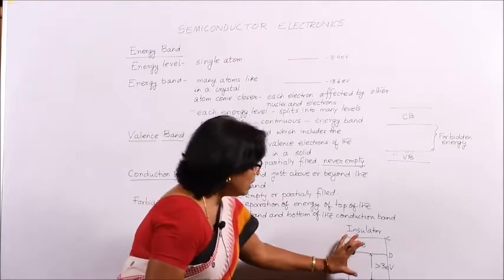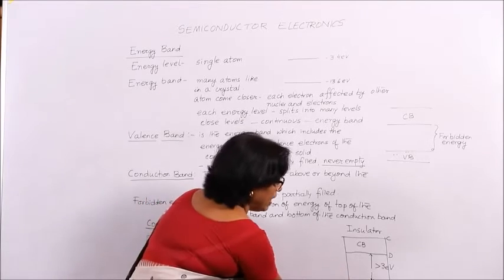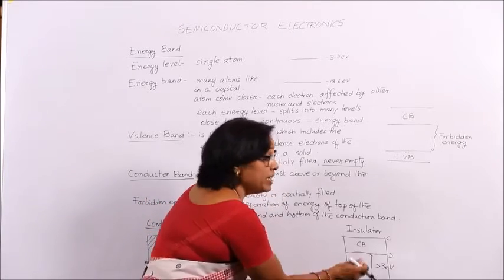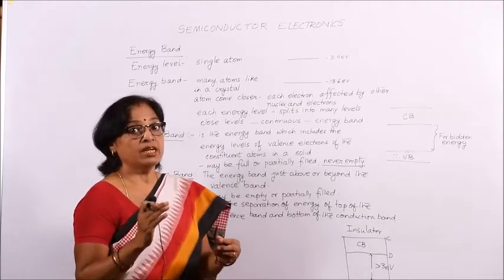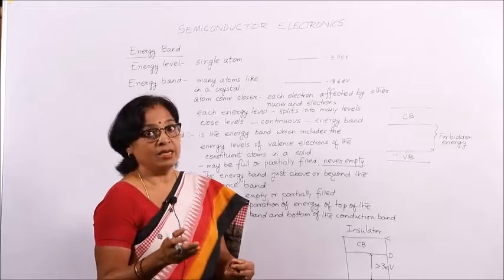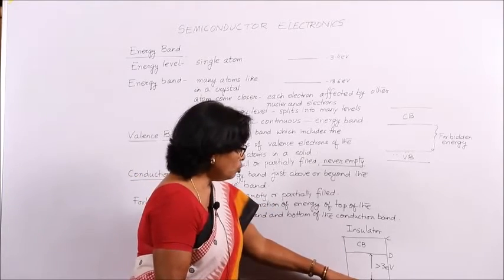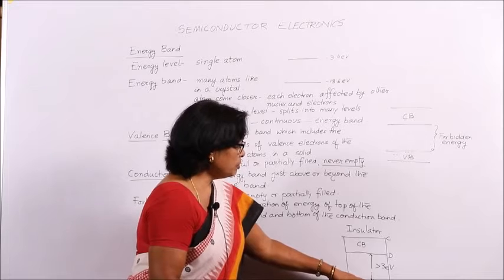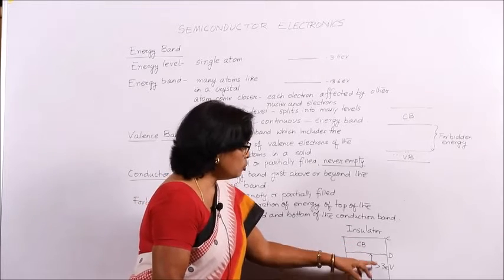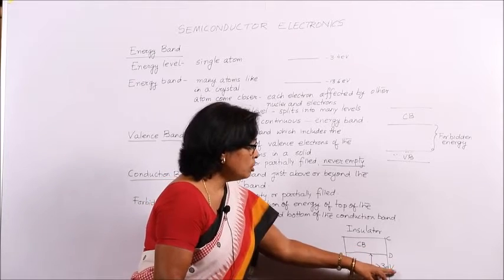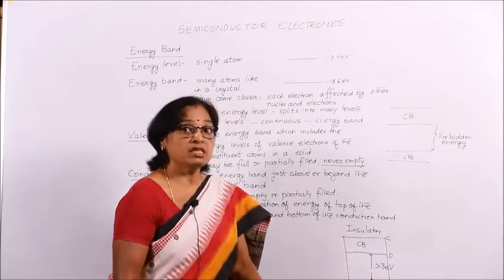With such a large separation of energy, if an electron is present in the valence band and you want to make it free, because conduction will take place mainly when electrons are present in the conduction band, you have to take this electron from the valence band to the conduction band. But to take it from here to here, you have to give at least 3 electron volt energy, and this is quite a lot of energy.